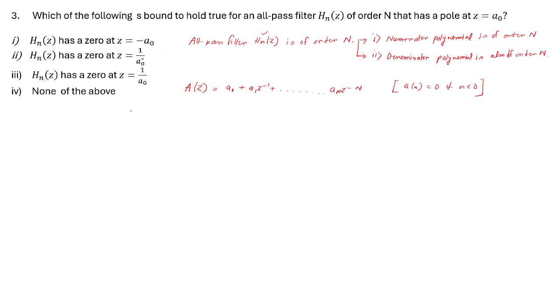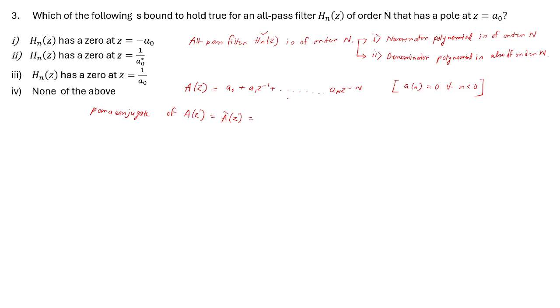Now for the all pass filter, paraconjugation plays a crucial role. The paraconjugate of Az, which we denote as A tilde of Z. We know what to do.